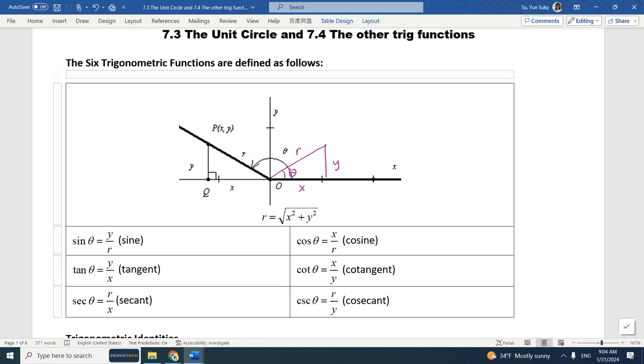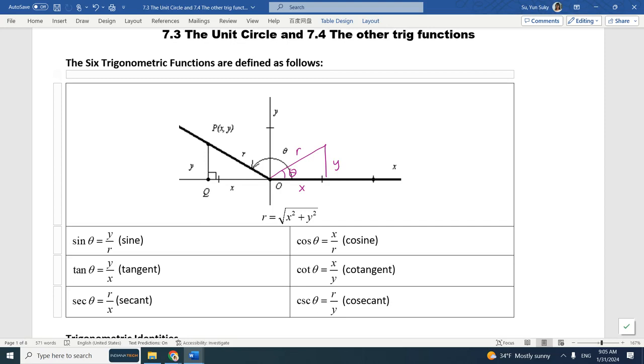Tangent is opposite over adjacent, therefore y over x. Cotangent is 1 over tangent, so flip them. Secant is 1 over cosine.